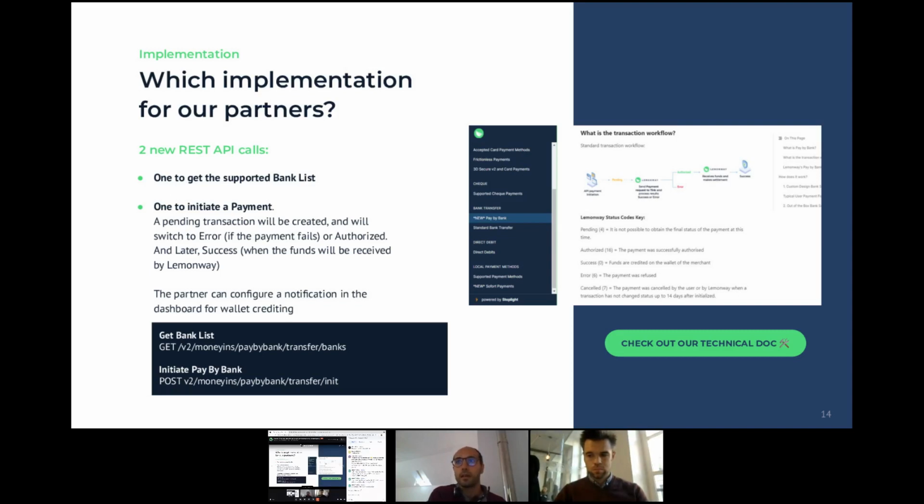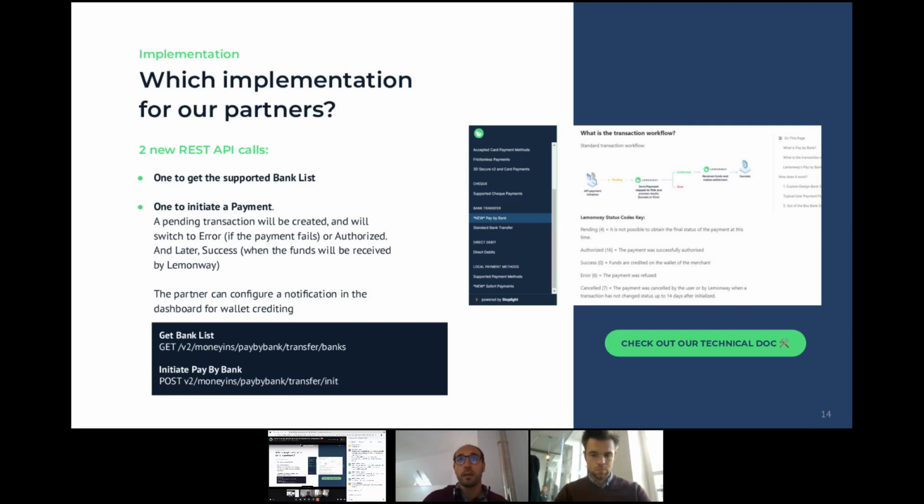Elena, just before, asked us if the funds will be automatically credited. Actually, not really. It will be authorized, which means the client strongly authenticates on his mobile app.